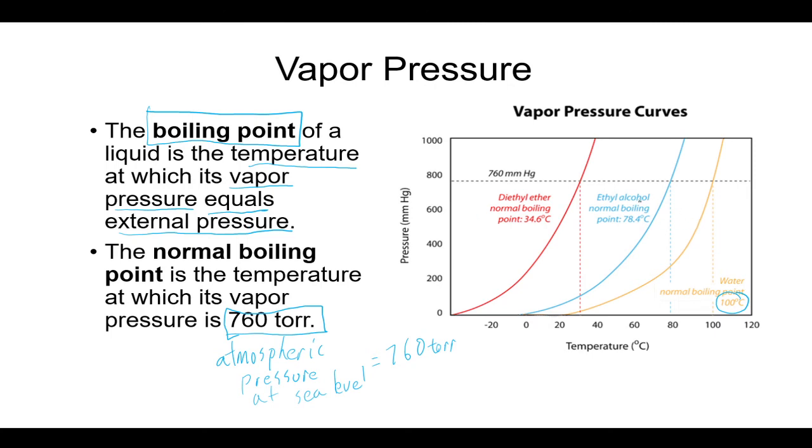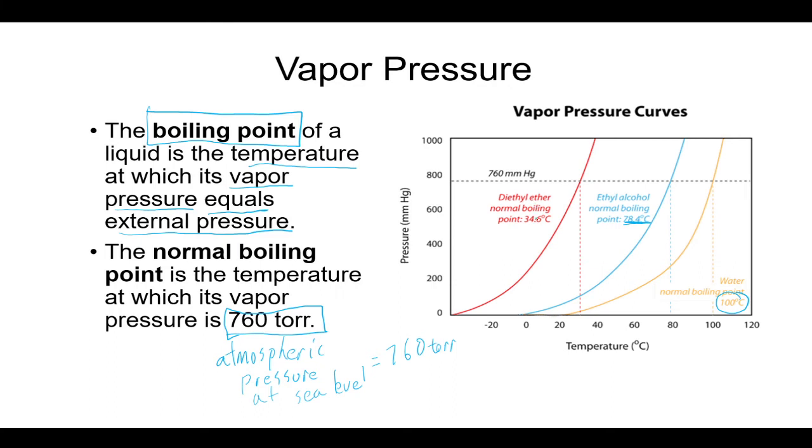For ethanol, it's got a hydrocarbon chain. It still has some hydrogen bonding, but the hydrocarbon chain sort of weakens the intermolecular forces as a whole. So it doesn't take as much temperature to get its vapor pressure to 760 millimeters mercury. That happens at about 80 degrees Celsius.